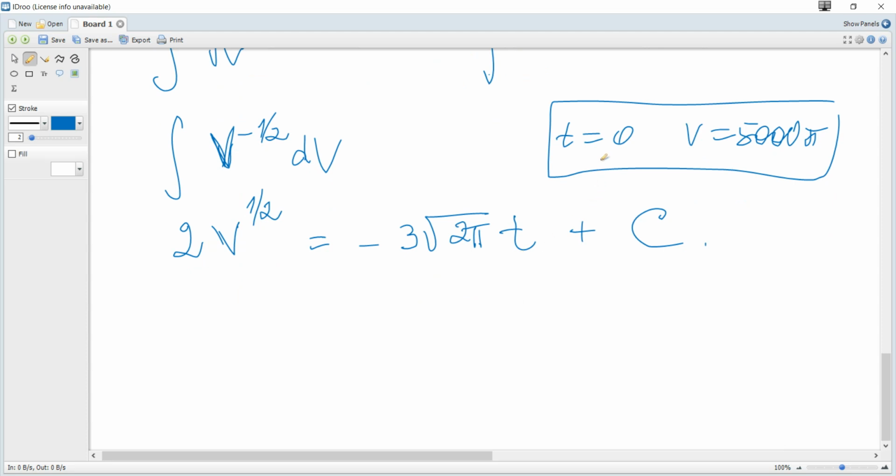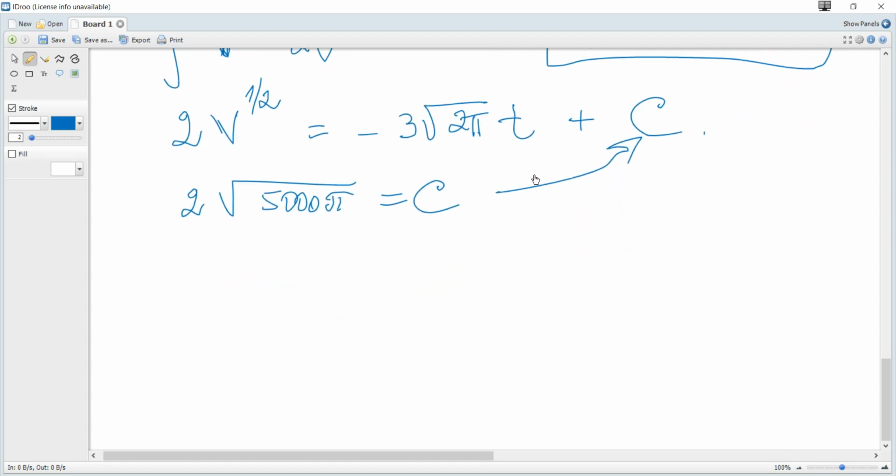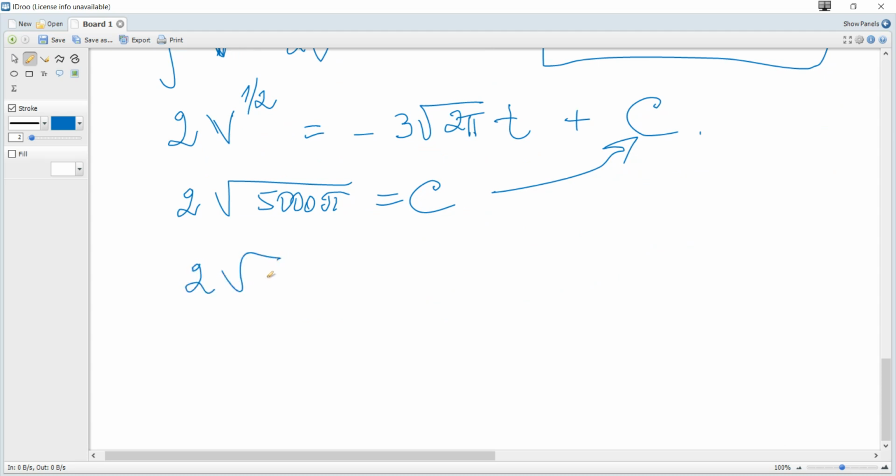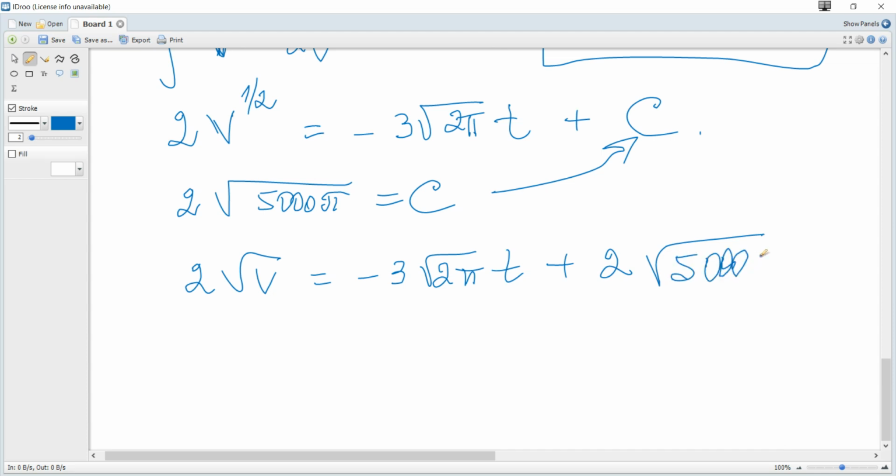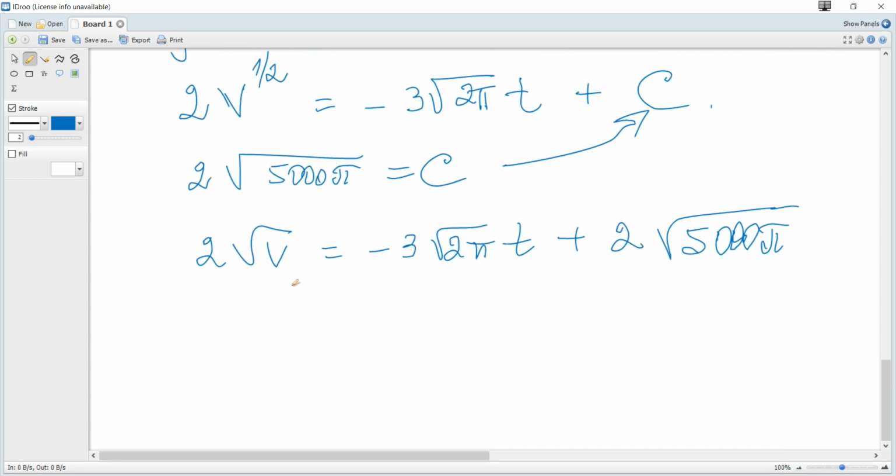So substituting 0 for t, you can see it becomes just 0, and v to the power of a half is just root v, so it becomes 2 root of 5000 pi is equal to c, so it's the value of c, and hence it becomes 2 root of v is equal to minus 3 root of 2 pi t plus 2 square root of 5000 pi.